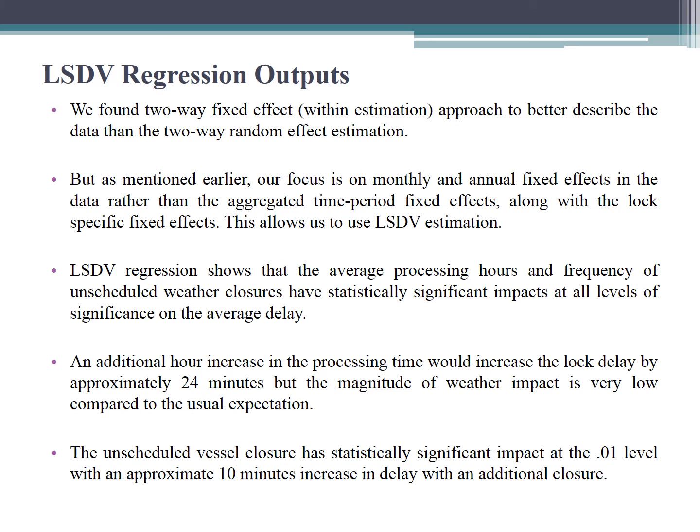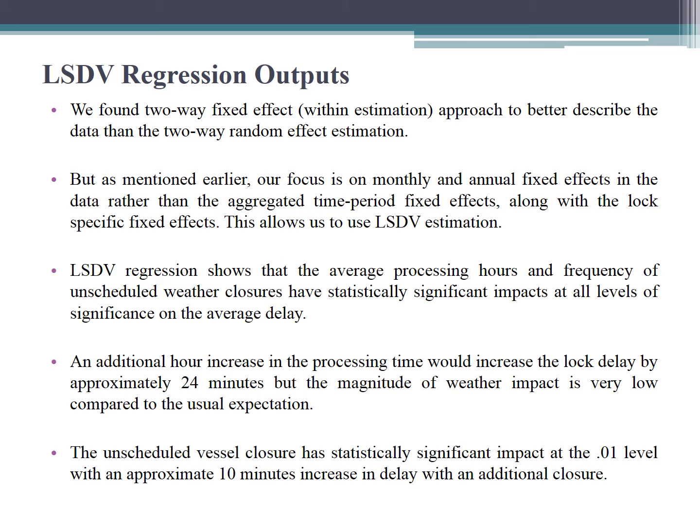We have the LSTB regression outputs in the upcoming slide, and from the outputs we can see that average processing hours and frequency of unscheduled weather closures have statistically significant impacts at all levels of significance on the dependent variable. By converting it into minutes, we can see that an additional hour increase in the processing time would increase the delay at any log by approximately 24 minutes.